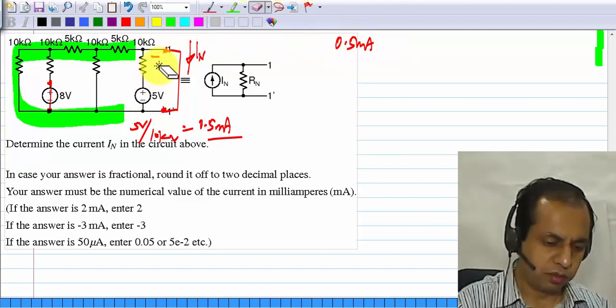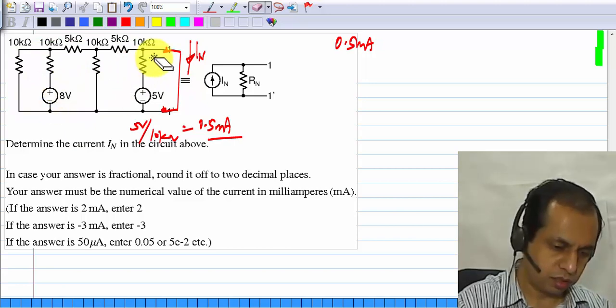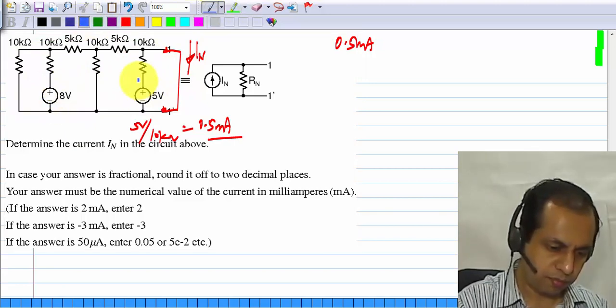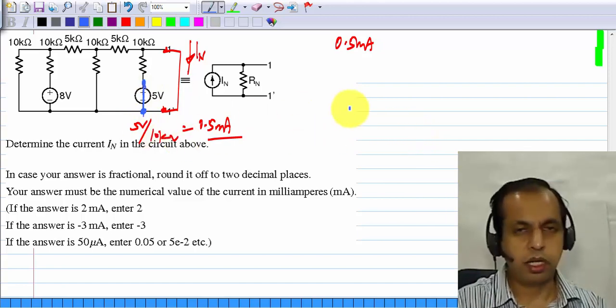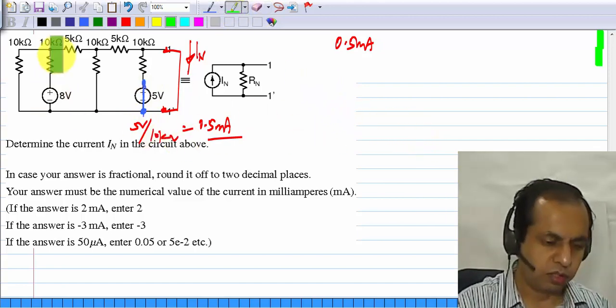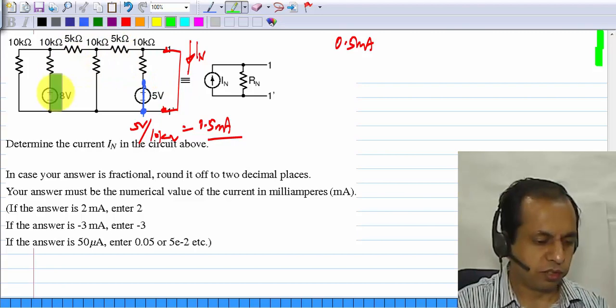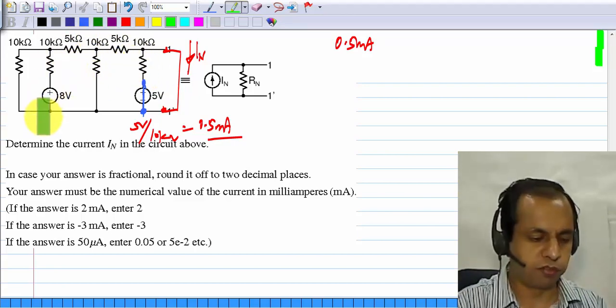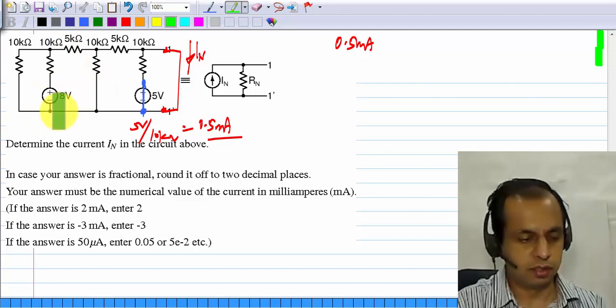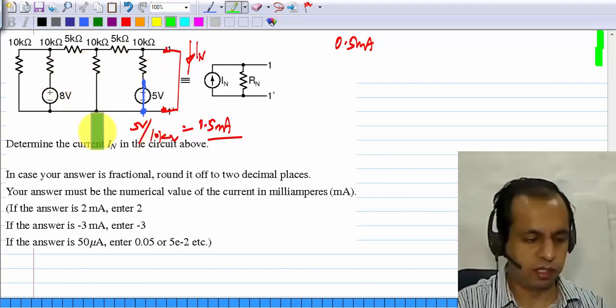And similarly, you can deactivate the 5 volt source and find the contribution from this. And in this case, you have to do these parallel and series combinations of resistances and finally find the current through successive current division.